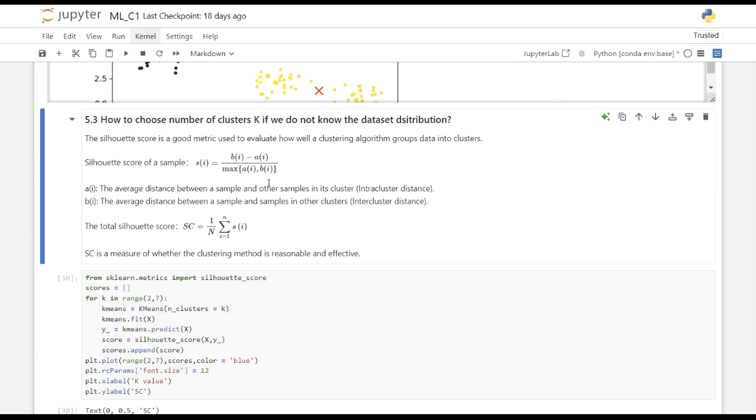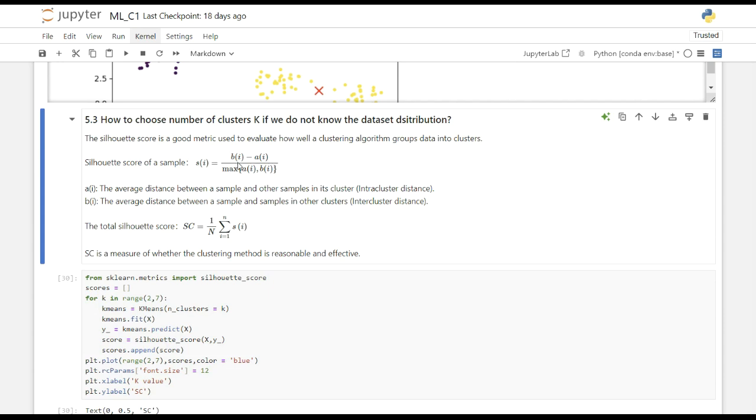So this is the ideal scenario and ideal situation. It means bi is very big, ai is very small. As I said, bi means the average distance between a sample and samples in other clusters, and ai is the distance between a sample and other samples in its cluster.